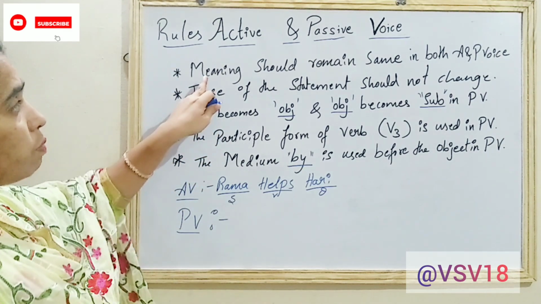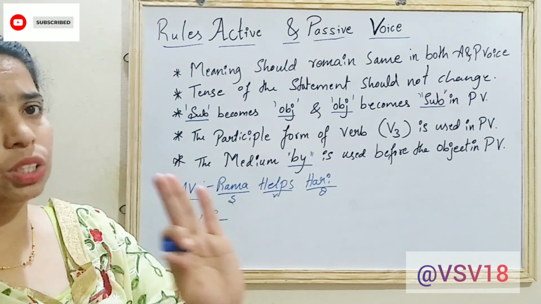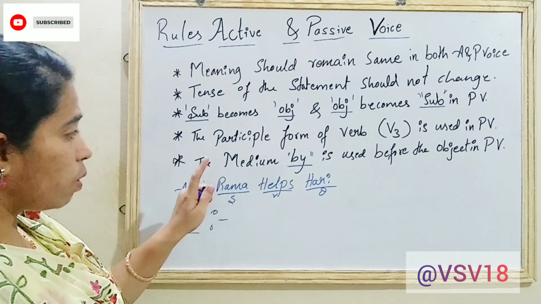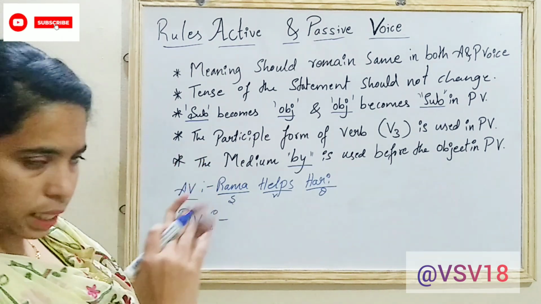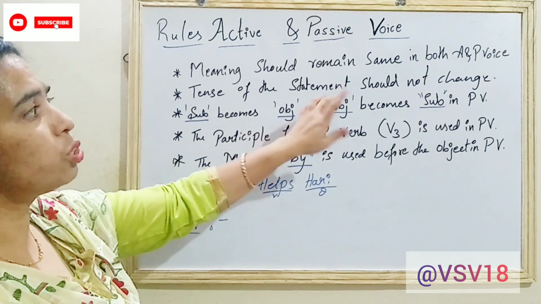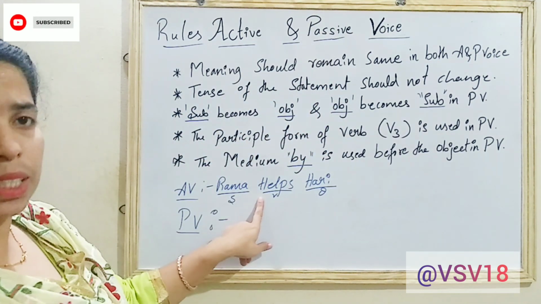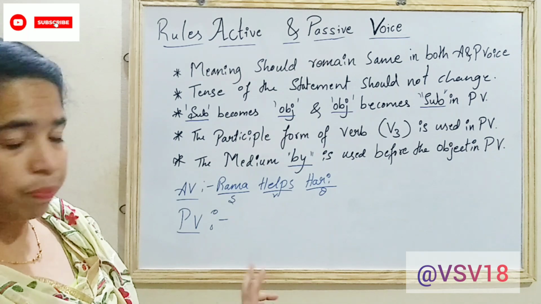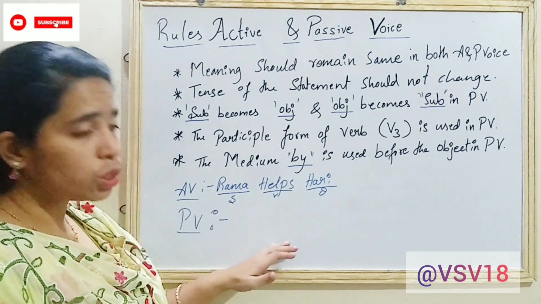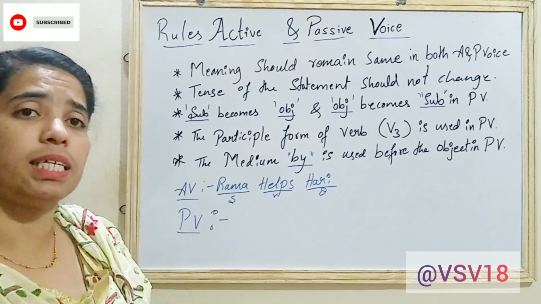So what is the first rule? Meaning should not change at all. So we will keep this aside and apply the other rules. Tense of the statement should not be changed. It is in which tense? Simple present tense: Rama helps Hari. So passive voice should also be in simple present tense.